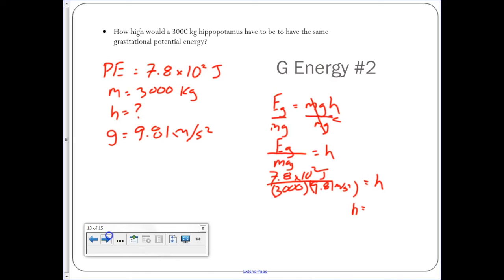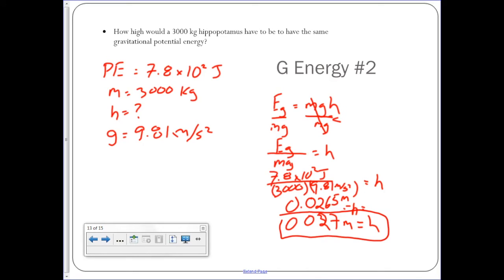And now the height is equal to 0.0265 meters. Now we have 2 significant digits again, so we'd see 0.027 meters is equal to our height. So you're talking about a very small height for that hippo to jump. Feeling okay? Ready for another one?